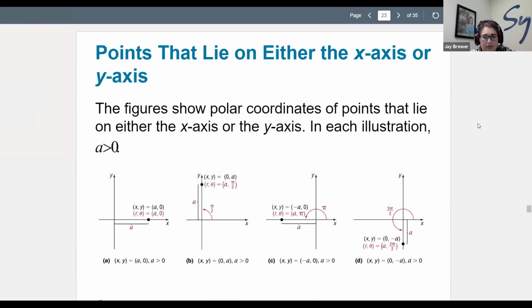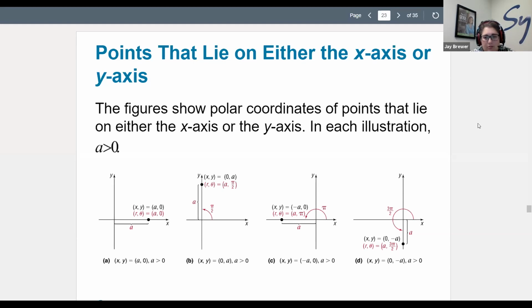So take this down. These are points that lie on either the x-axis or the y-axis. So the figures show polar coordinates of points that lie on either of the axes, and each illustrate an a greater than 0. Okay, so you're looking at positive r values.